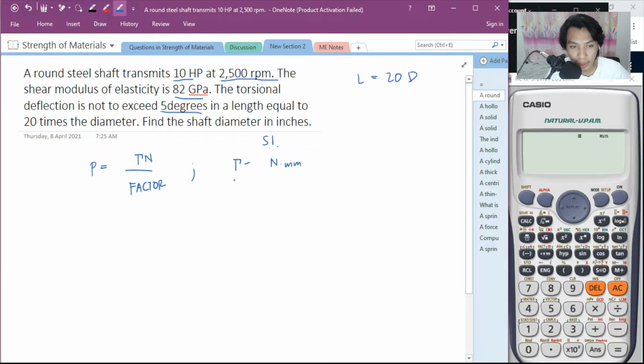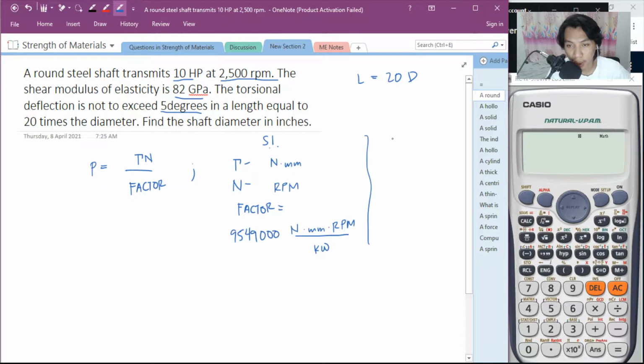Tapos yung N, that will be in RPM. Okay? And then yung factor, that will be equal to 9549000 Newton millimeter RPM per kilowatt. Okay? Ganyan dapat yung unit niya.